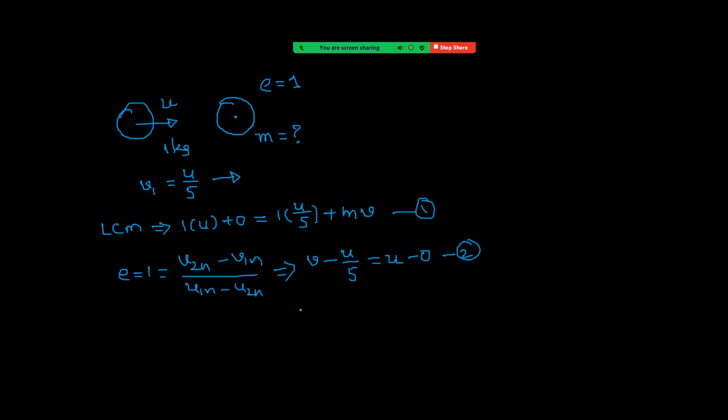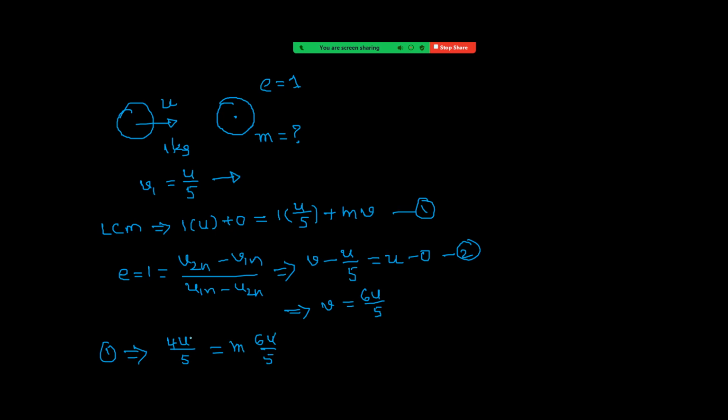From this second equation, we can get V value: u plus u by 5, 6u by 5. Now substitute this in equation 1. If you substitute, u minus u by 5, 4u by 5, that is equal to M into V value 6u by 5.